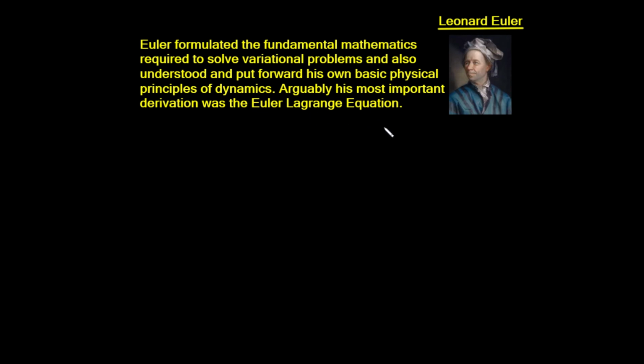But also remember that Euler is standing on the shoulders of those who have gone before him as well, for example, Newton, Fermat, the Bernoulli twins. So the ideas that he came up with for variational calculus didn't just appear out of a vacuum.